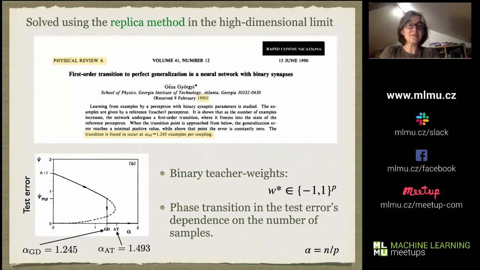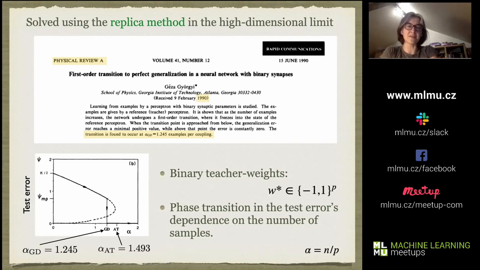And they were able to, for instance, draw the curve that is here on the graph. That is, how does the test error in this simple model depend on the number of samples divided by the dimension? So there's this alpha parameter. And you see that it has a peculiar behavior. It doesn't go down smoothly; first it goes down as you would expect.